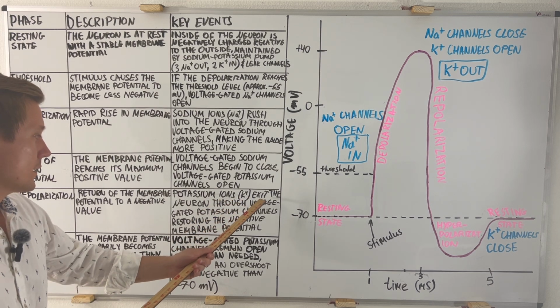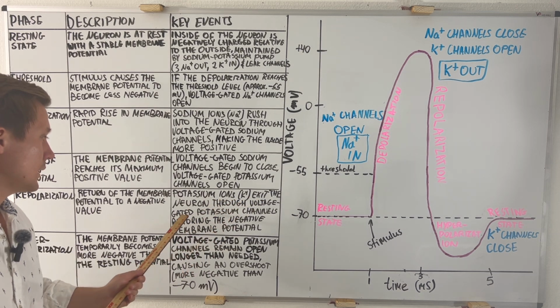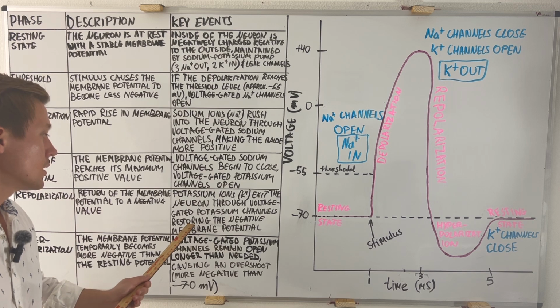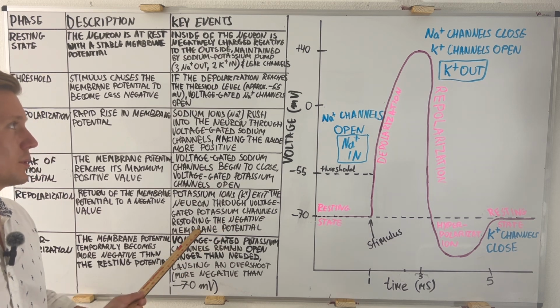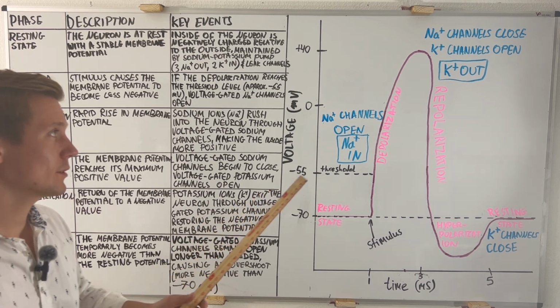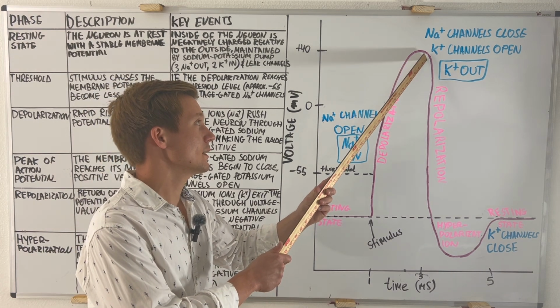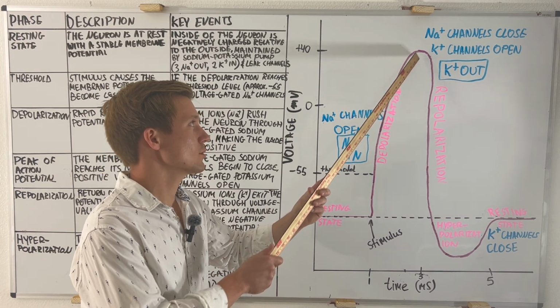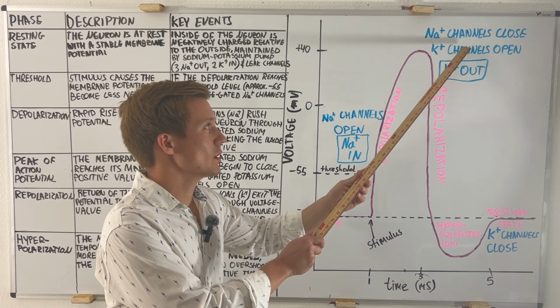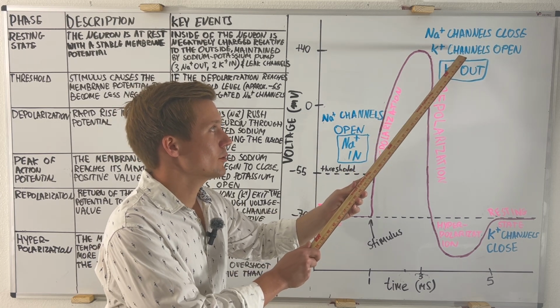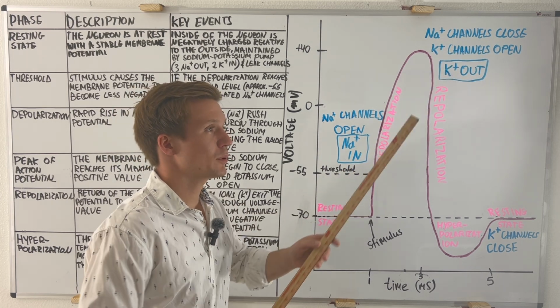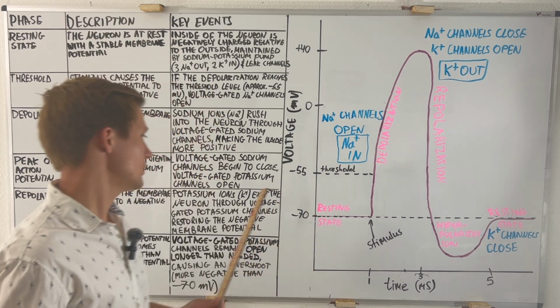Potassium ions exit the neuron through voltage-gated potassium channels, restoring the negative membrane potential. And so, like I mentioned again, once we hit the peak of the action potential, sodium channels close, potassium channels open, and potassium rushes out of the neuron.